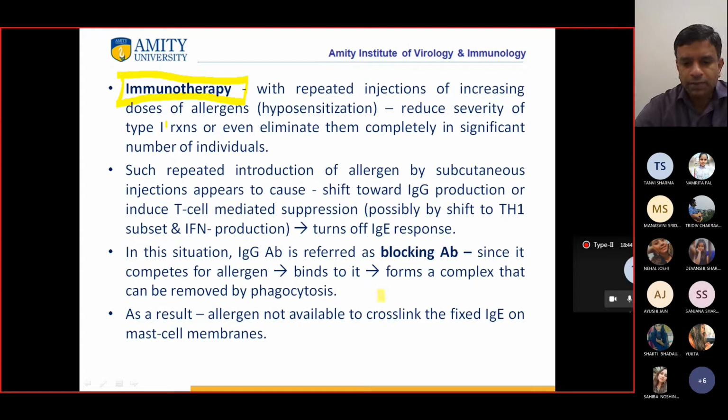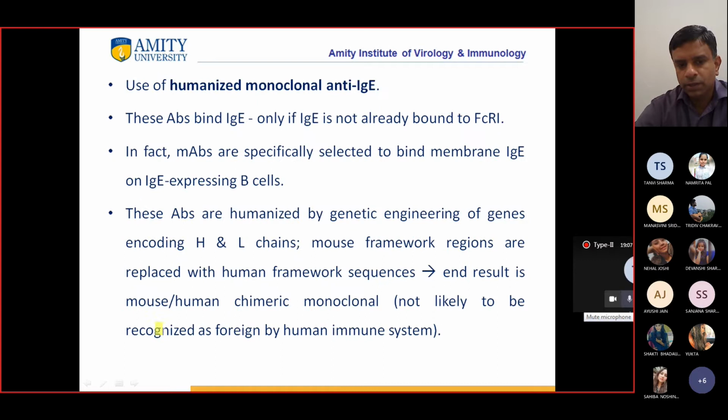As a result, the allergen is not available to cross-link the fixed IgE. If you remember, the allergen cross-links the fixed IgE, but if you are removing that IgE, then it will not happen. So we can use humanized monoclonal anti-IgE, right?